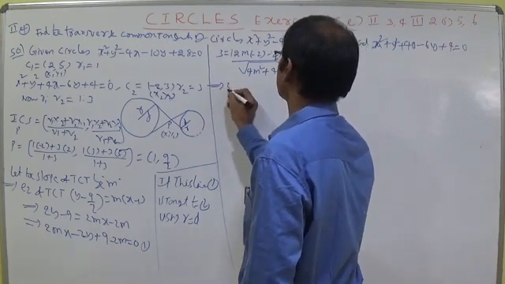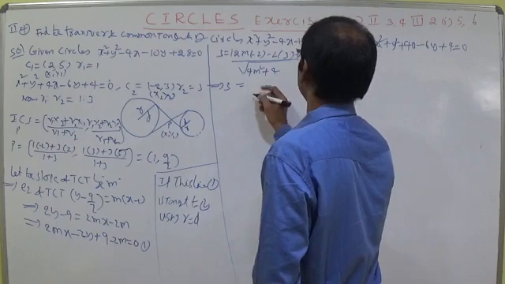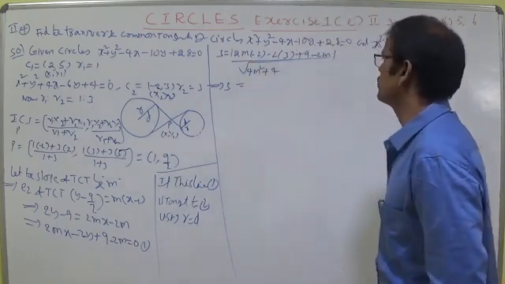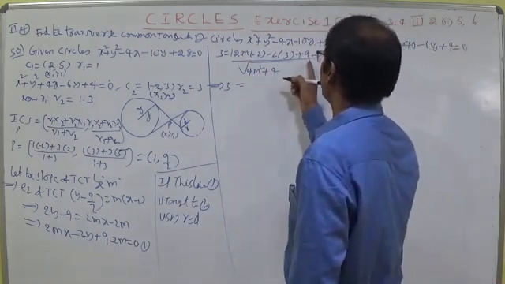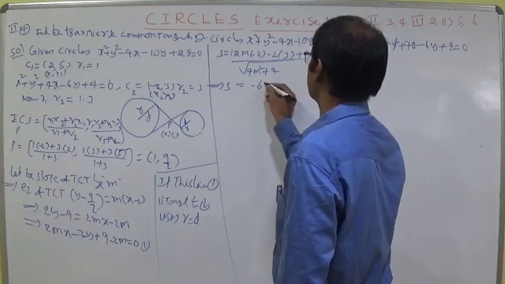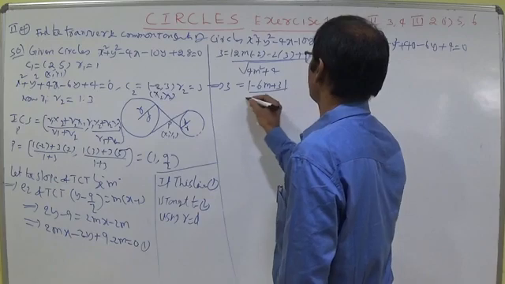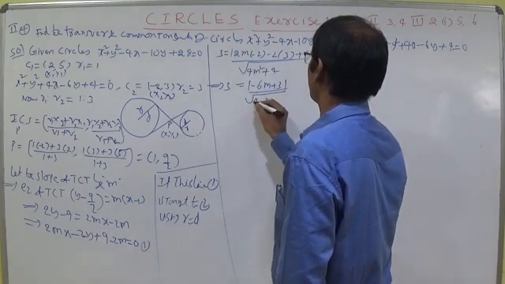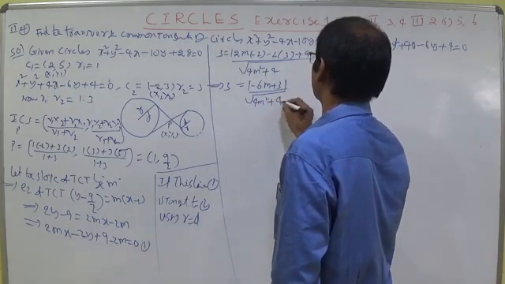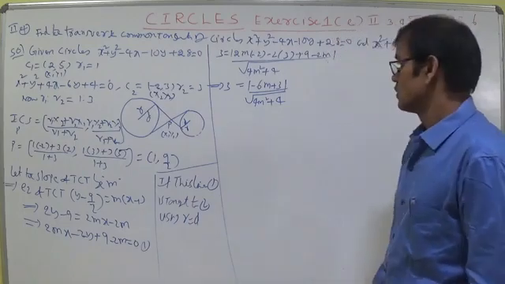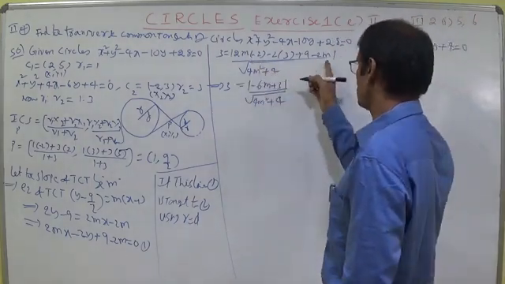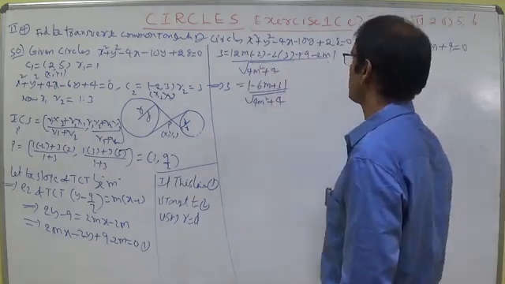That implies 3 is equal to modulus of minus 4m minus 2m minus 6m, and 9 minus 6 plus 3, so minus 6m plus 3, by root of 4m square plus 4.